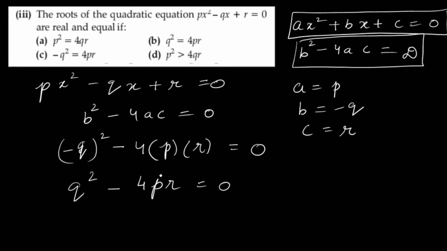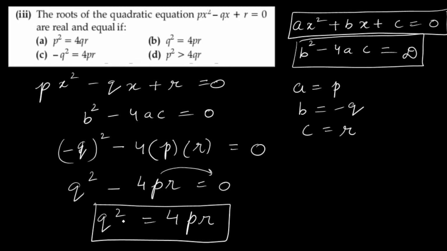Shifting 4pr to the other side, q square is equal to 4pr. So this is option B.